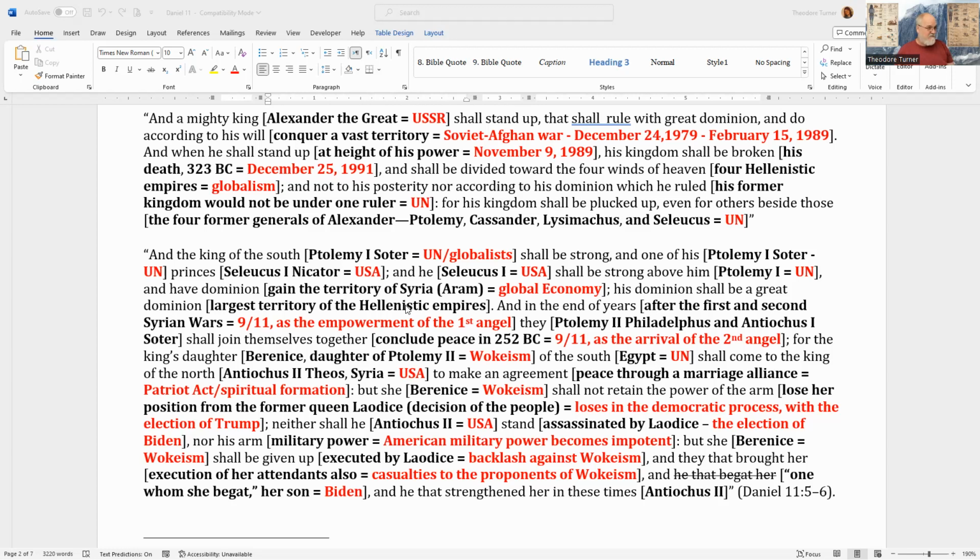Another part of the UN, the United States, one of the princes of Ptolemy I, let's put it that way, that is Seleucus I Nicator, he represents the United States. So the United States as a nation, as a member of the UN. But he shall be strong above the UN, which we know is the case with the United States.